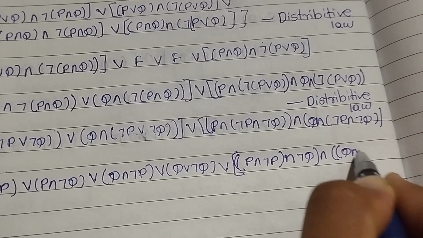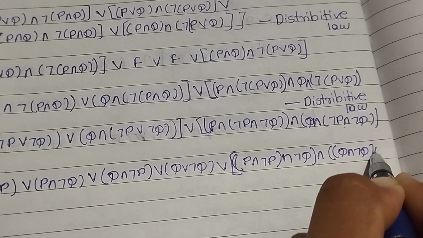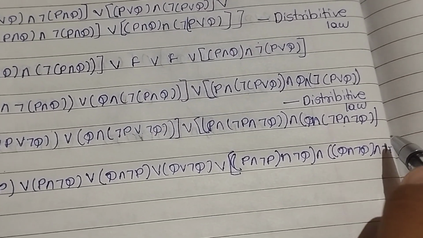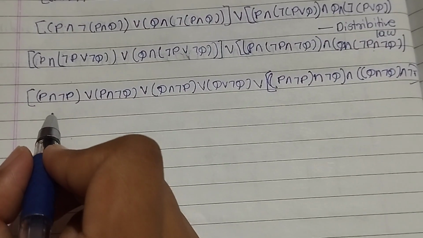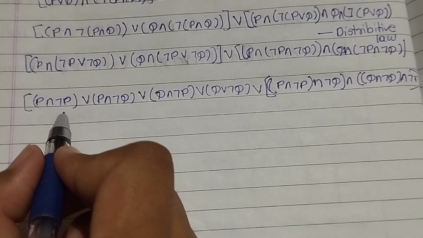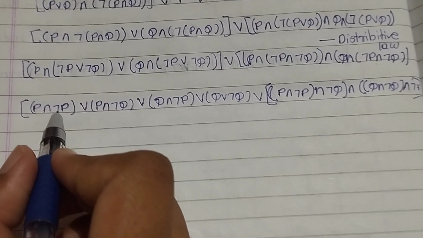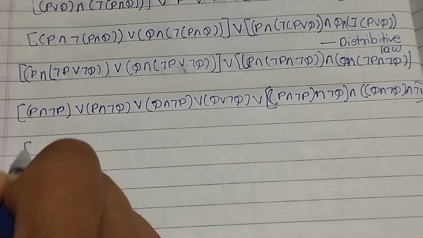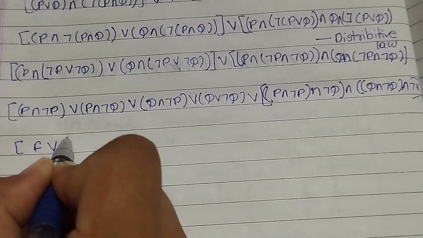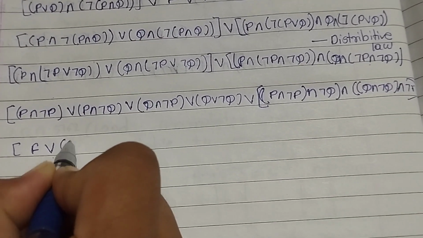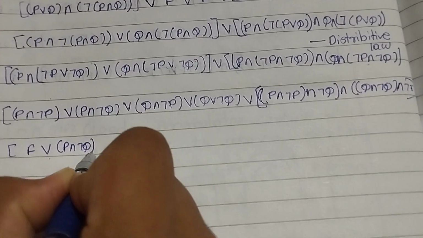So Q and negation Q and negation P. Now P and negation P is F. So F and this given equation write as it is, negation Q.